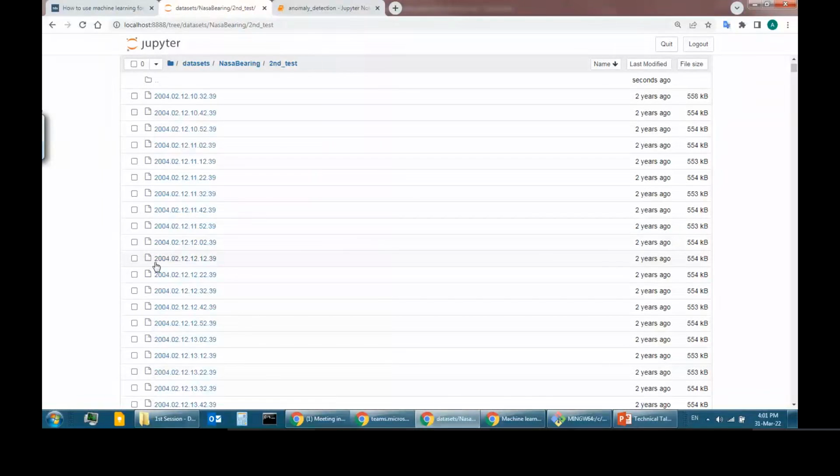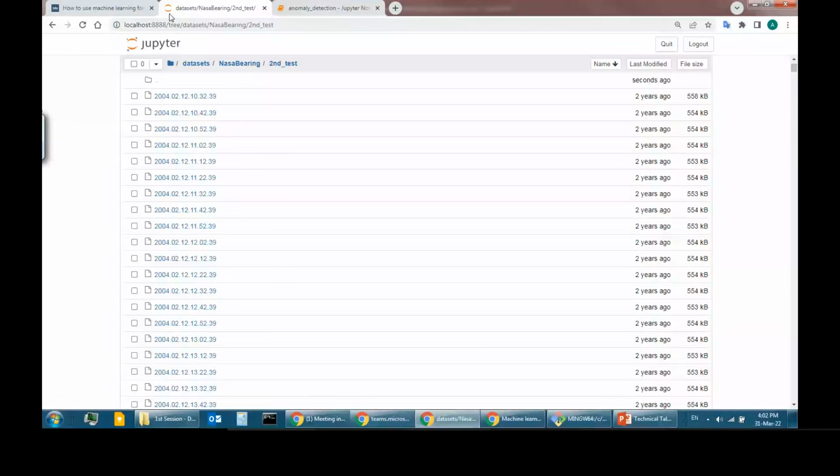What the tutorial is doing is that it takes one summary of the first window, maybe the absolute mean, and then they group 80 or 40 or some of these files as one sample. They feed that to the neural network.